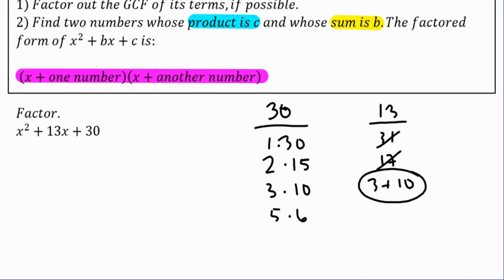What I suggest is this x plus something times x plus something. I like laying that out right away, just setting up two brackets. If the first term is just x squared, or any variable squared without a coefficient, the first terms in each binomial will automatically be x.